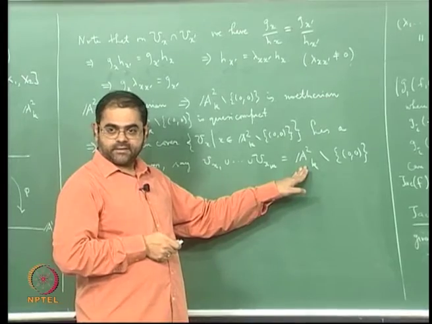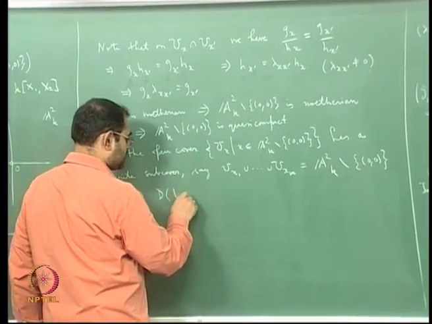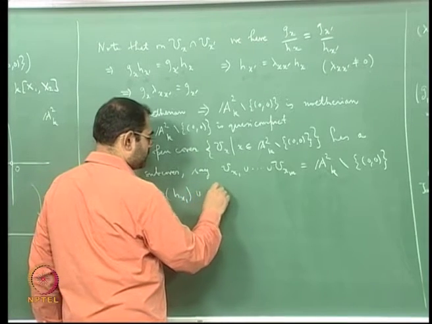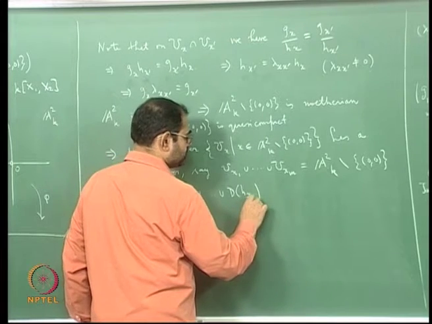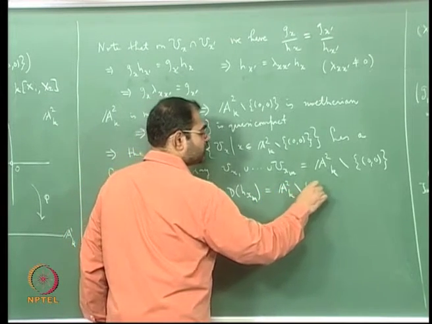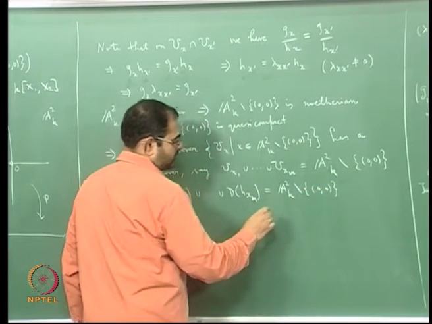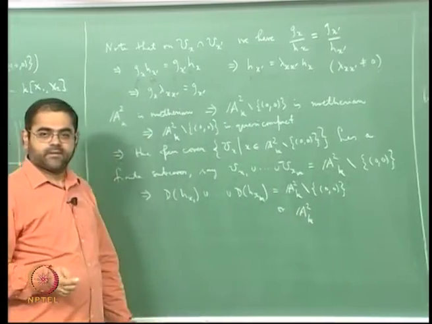So this will tell you that dHx1 union ... union dHxm will be A2 minus this point, or it may even be A2 itself.